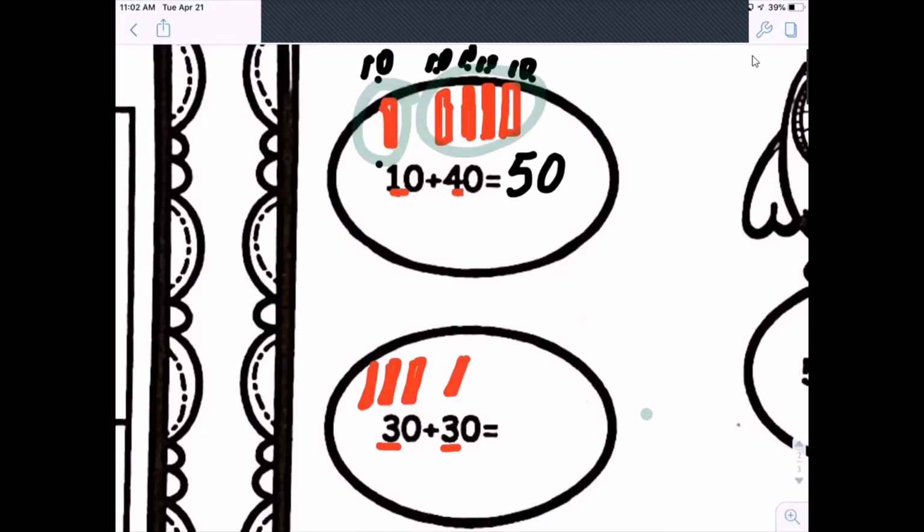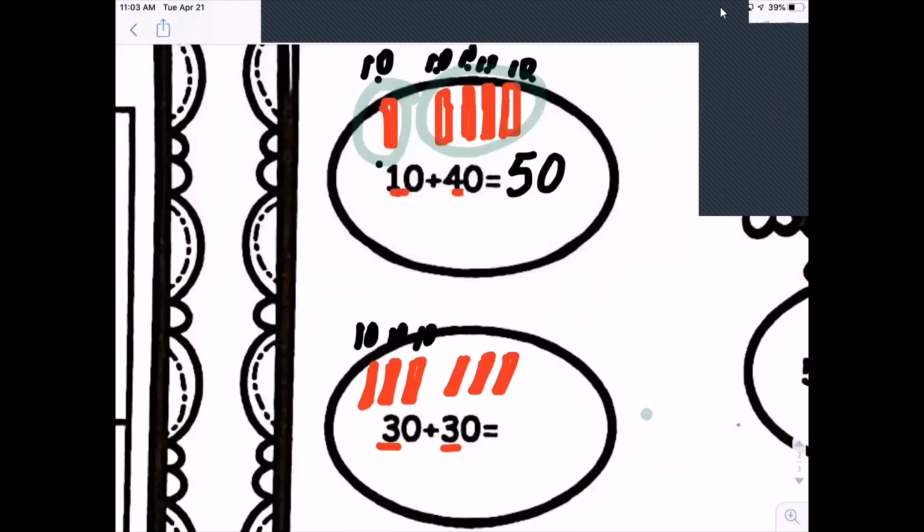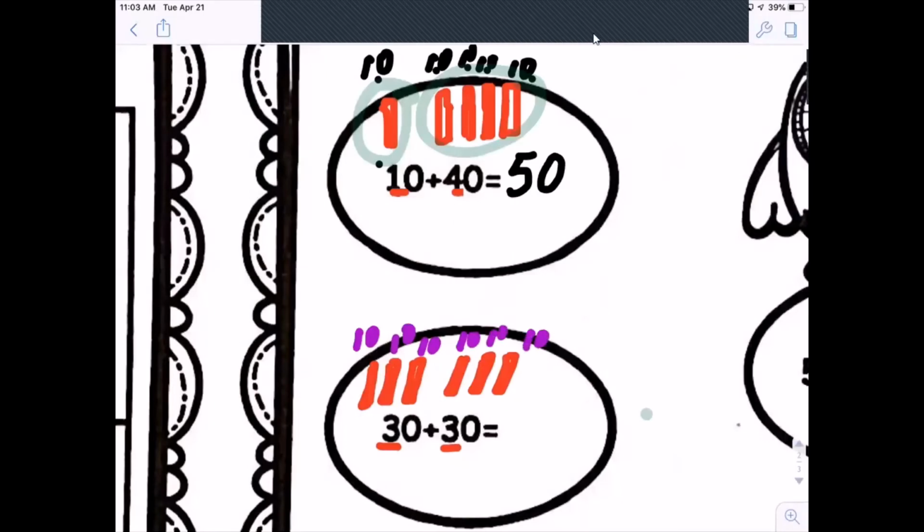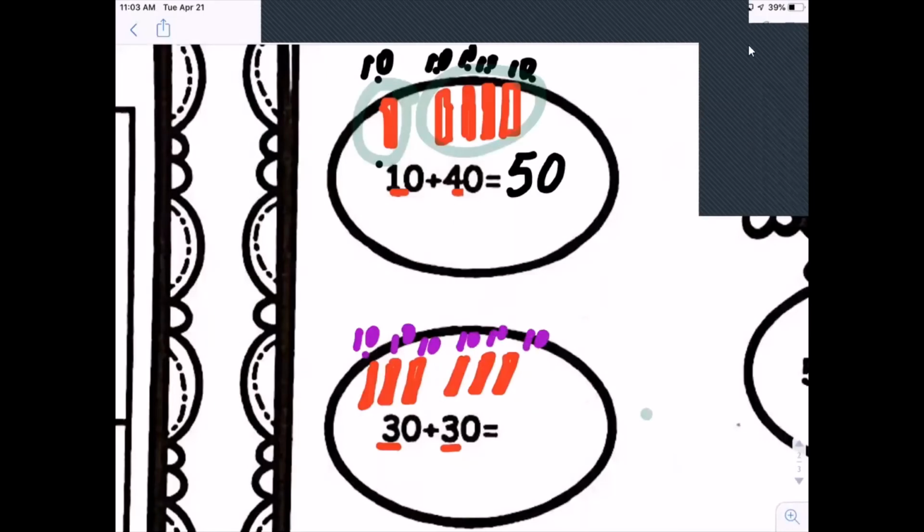So it's 1, 2, 3. Okay, now I write my tens. That's one group of 10, my other group of 10. Let me pick a different color, that way we can see them. Okay, so I have 10, 20, 30, 40, 50, 60.